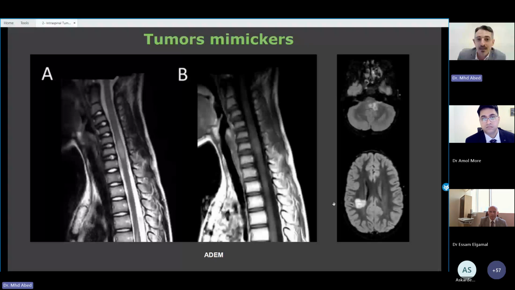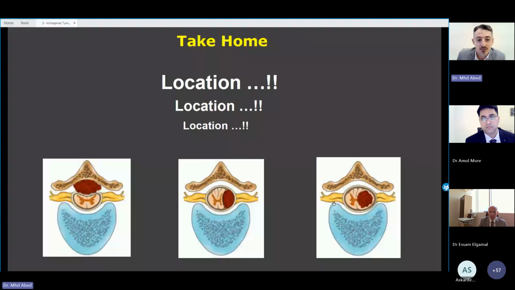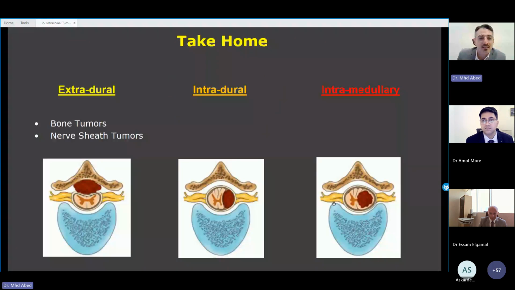So, as a take-home message, location is the first thing to do. Locate the lesion, and according to that, you can think about your most common differential. Just briefly, we know that in the extradural lesions, we have the bone tumor with secondary extension intraspinal, and the most common one is the metastasis.